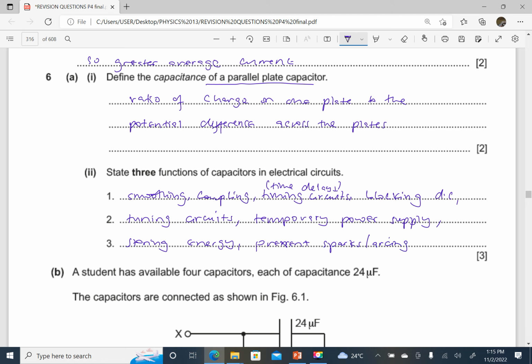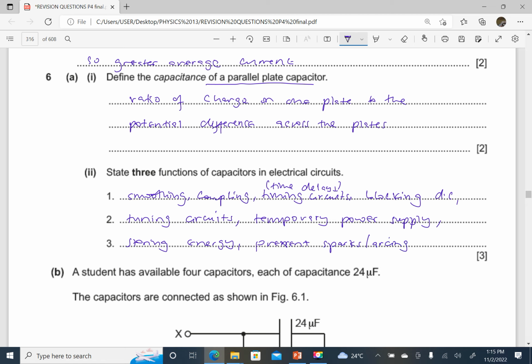They are used to produce electrical oscillations, or in oscillators. You can't fail to state only three. You cannot fail.